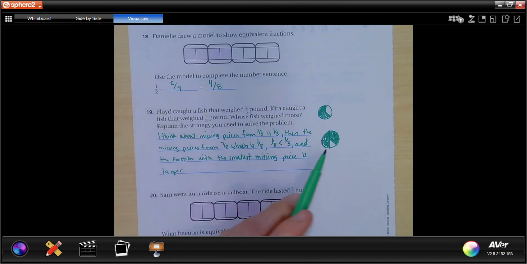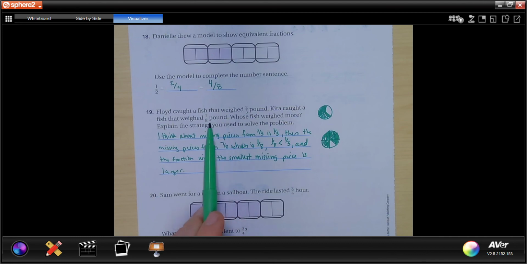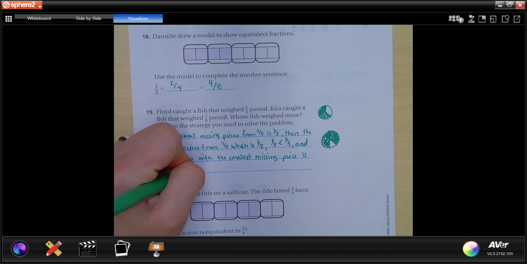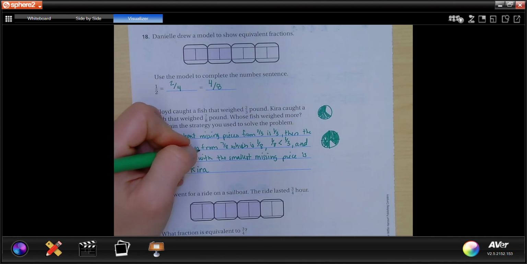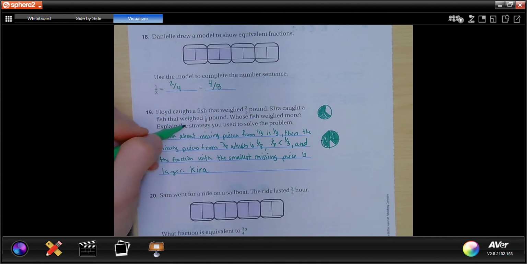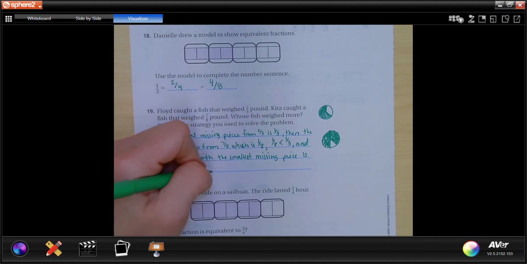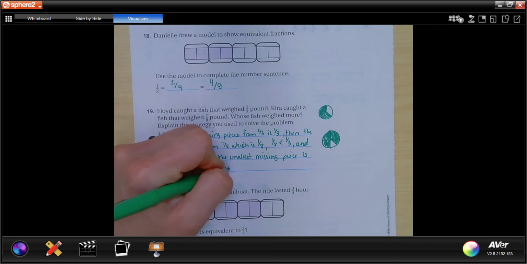So, who is it? Who caught the larger one? Who caught the larger one? Kira. And it was her what? Her fish. Kira's fish.